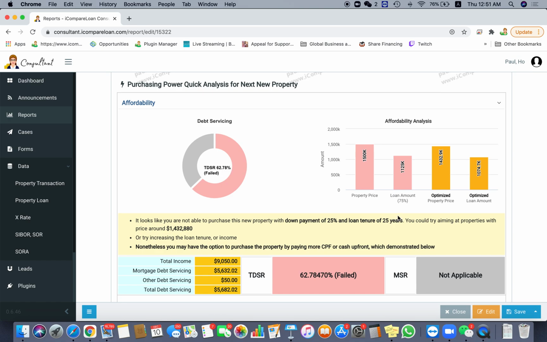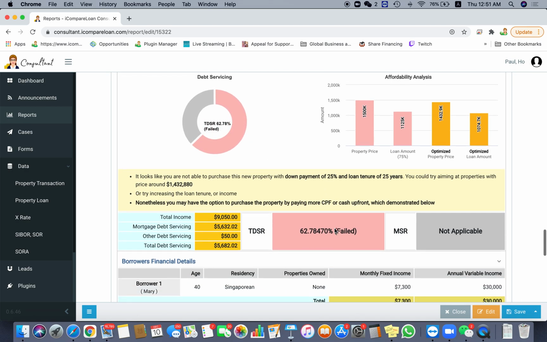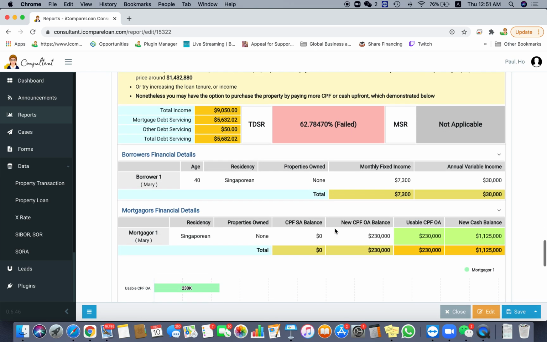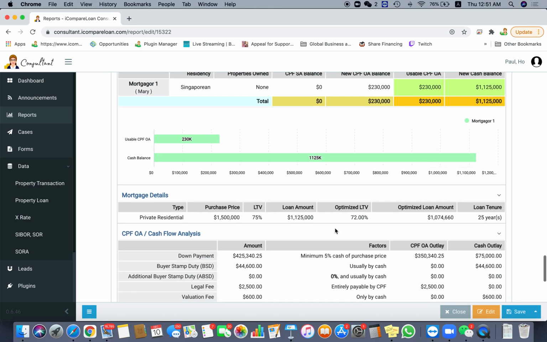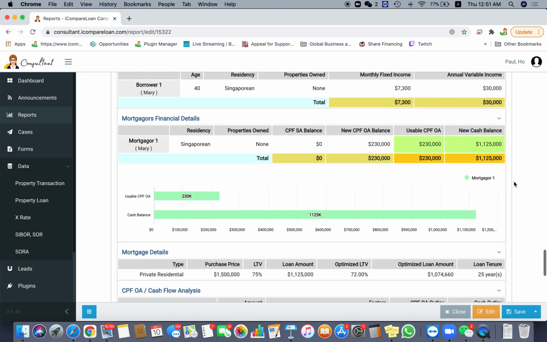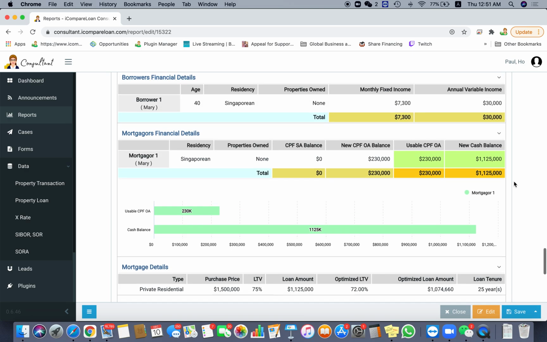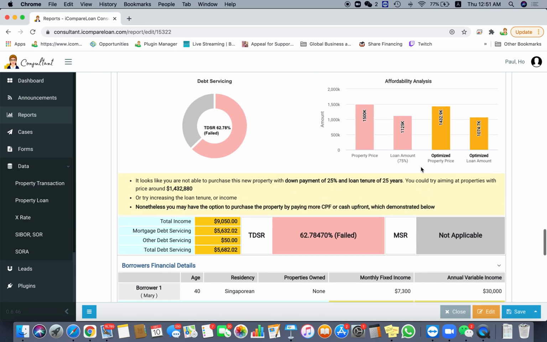Okay. Then purchasing power, quick analysis for the new property. This one will be pertaining to Mary alone. So Mary's financials didn't change much. We enter as per what was originally there. So her financials did not change much, and we have a look at it. So instead of having that amount of money, which is 150,000 or something like that, I can't remember.